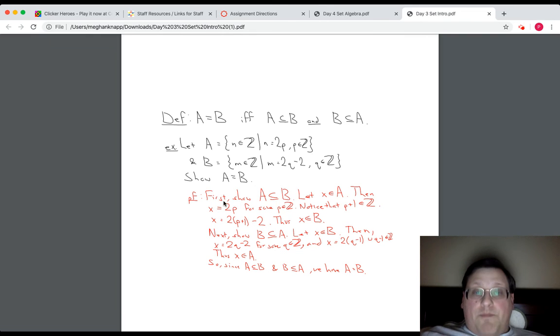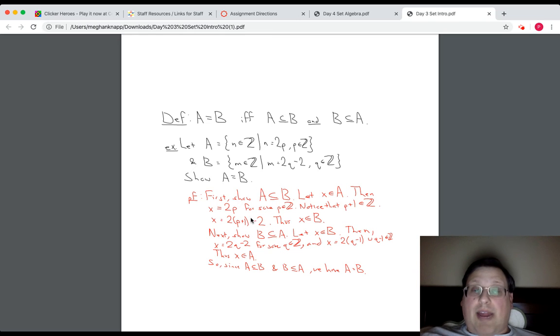For example, first I show that A is a subset of B by letting X be an element of set A. Once I do that, I know X is 2P because that was the definition of set A. Then I might notice that if I pick a larger value of P, I can rewrite the X as being 2 times P minus P plus 1 minus 2.